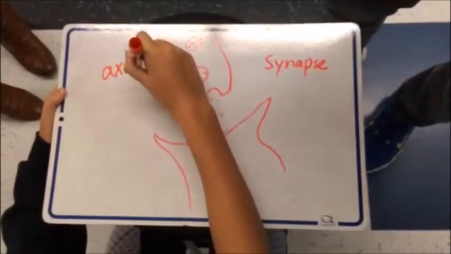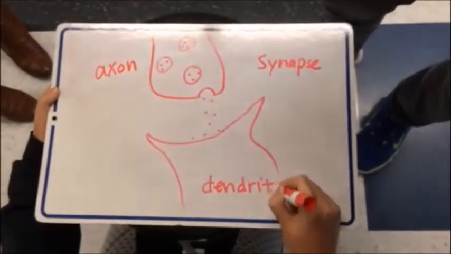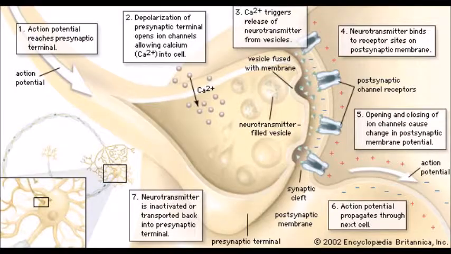The neurotransmitter binds the receptor portion of the ligand-gated ion channels in the postsynaptic membrane, opening the channels. Here, both Na+ and K+ can diffuse through the channels. The neurotransmitter is released from the receptors and the channels close.